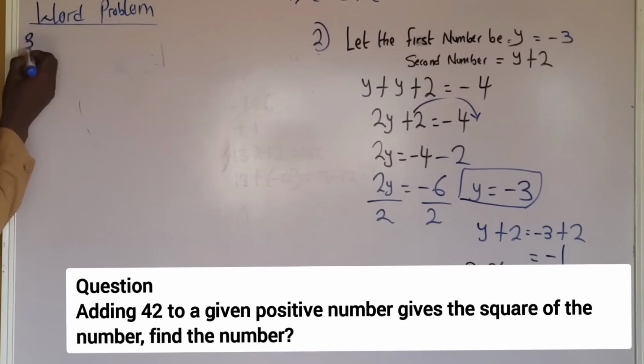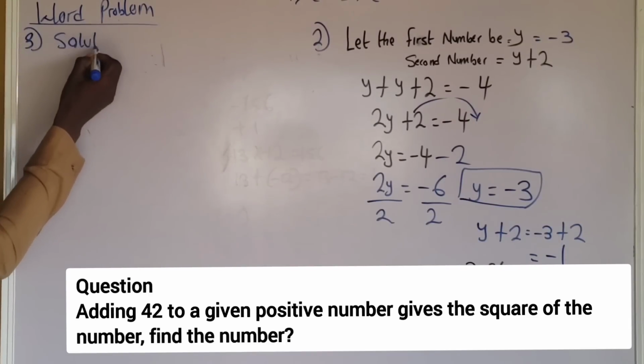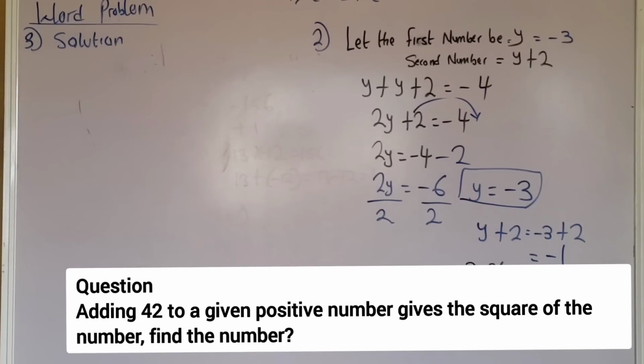Solution. Now we want to construct our equation. We are not given the number. We are only given information that is related to the number, and the information is that if we add 42 to a given positive number, the result is the same as squaring the number.